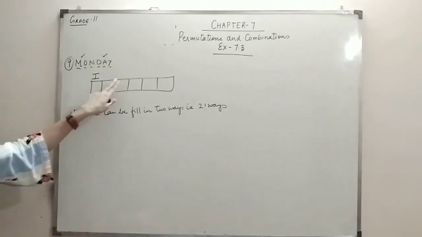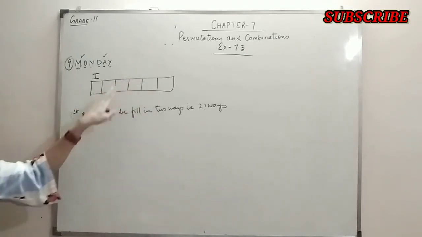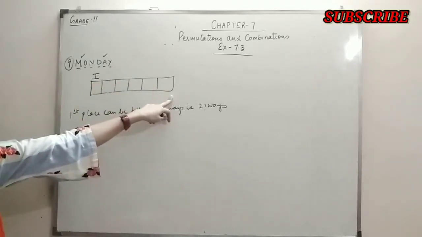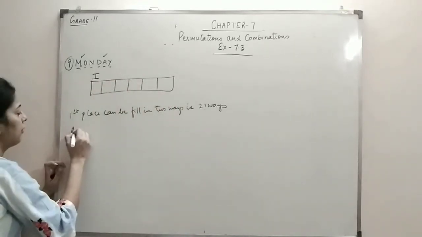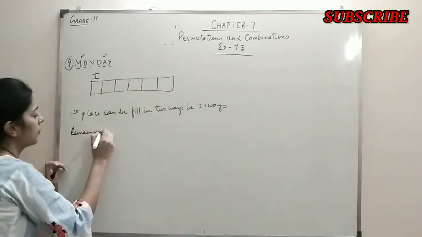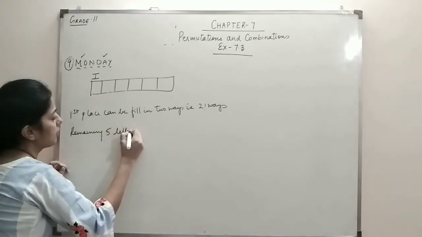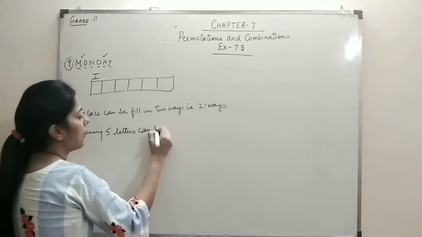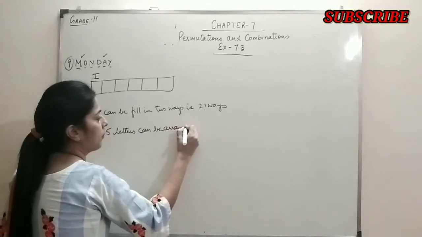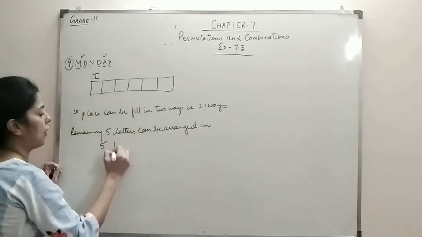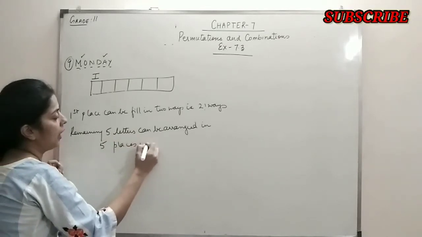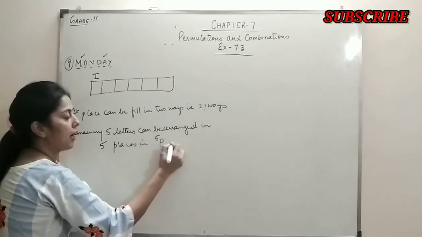The remaining 5 letters can be arranged from the second place to the 6th place, in the remaining 5 places, in permutation 5 ways.